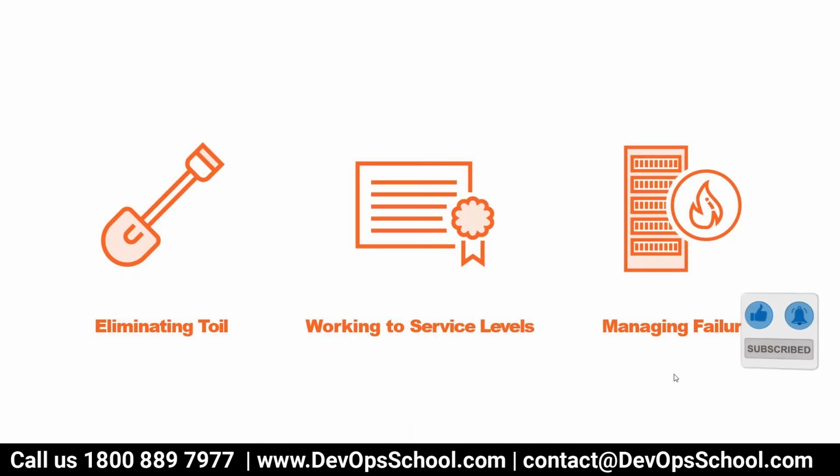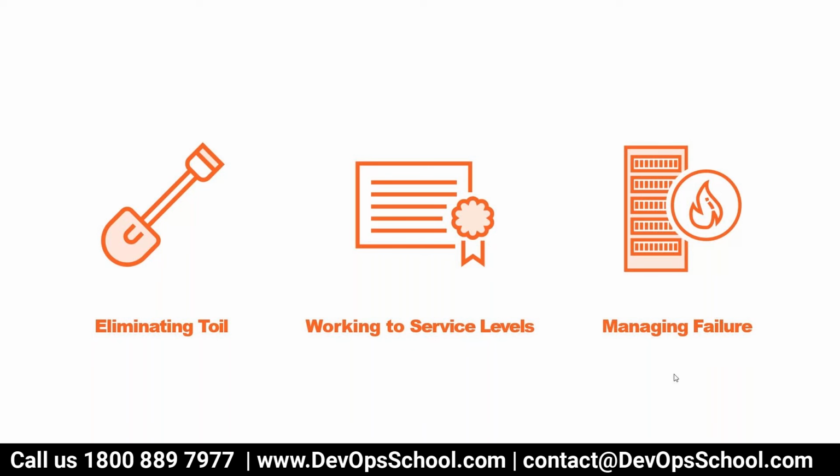These are the three functions which I discussed earlier also. Eliminating toil. If you are not eliminating toil, you cannot call yourself an SRE team. Working on managing the service levels, and managing failures. These are the three things. If you want to simplify: automation in the first case.